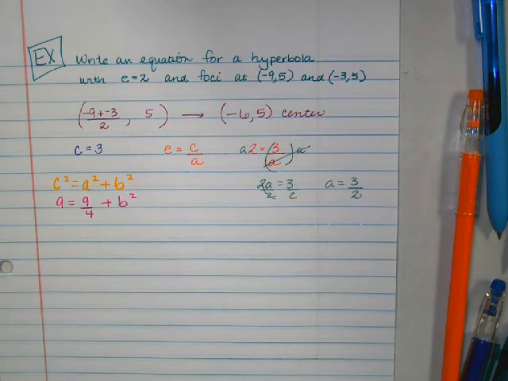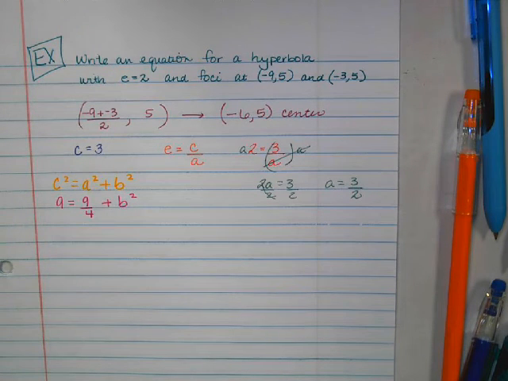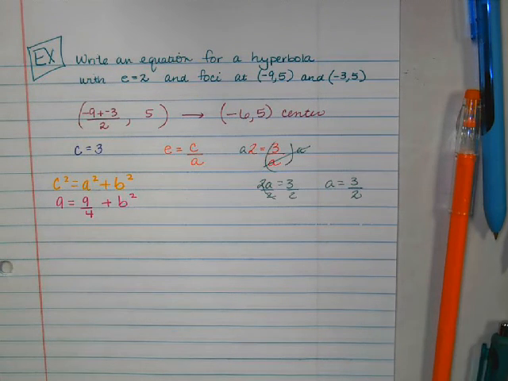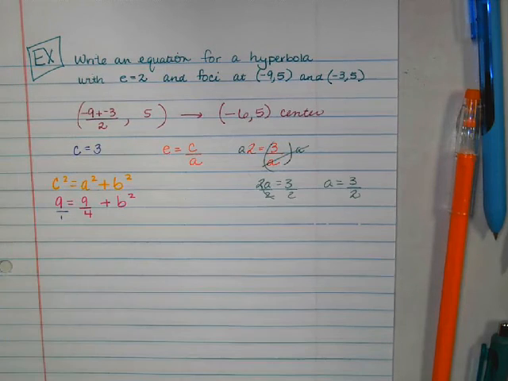Now we're just solving for B. That's 9/1, so I'm going to make it into a fraction with the same denominator as the other one.